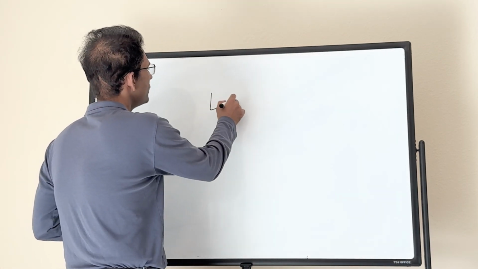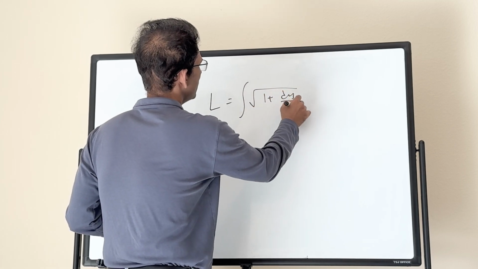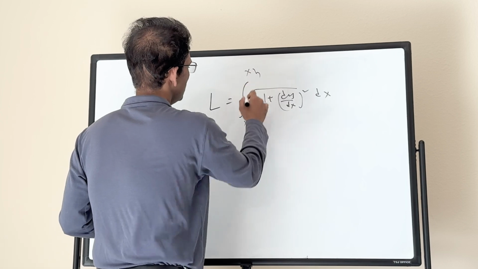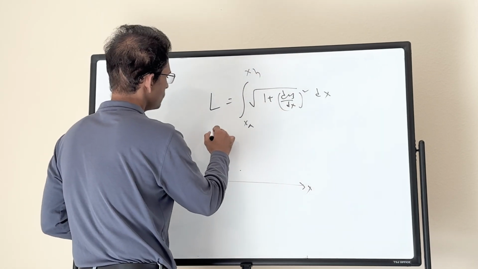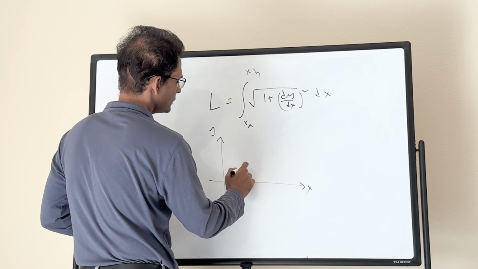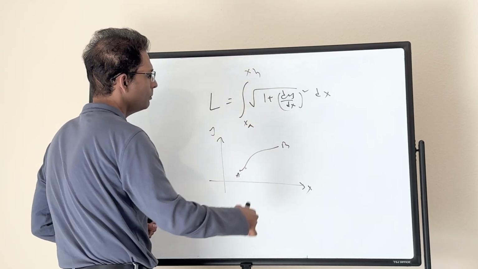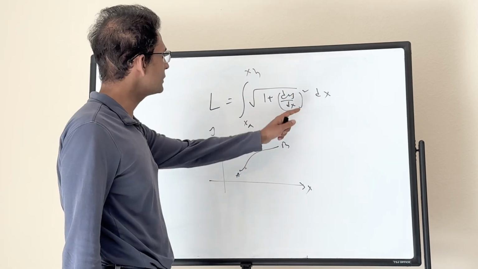So the length functional is given by this expression, from xa to xb. Basically, this is x and this is y. Sorry, this is the point A and this is B. Let's imagine you have a curve between A and B, and the length of that curve is given by this integral.